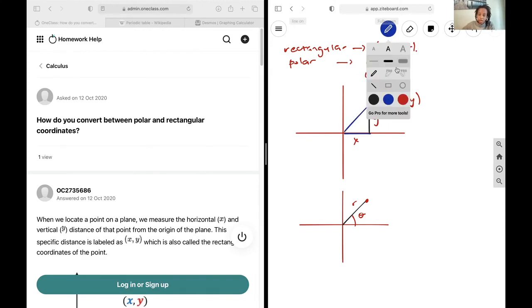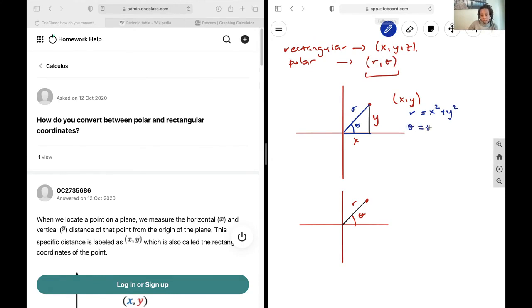And so using our right angle Pythagoras theorem, I know that r will be the square root of x squared plus y squared, and that theta I can find by doing the inverse tan of y over x, and that's simply SOHCAHTOA, so tan of this angle is opposite over adjacent, y over x, and then I simply solve for theta using inverse trig. Okay, so this is how I'd get polar coordinates from rectangular coordinates.